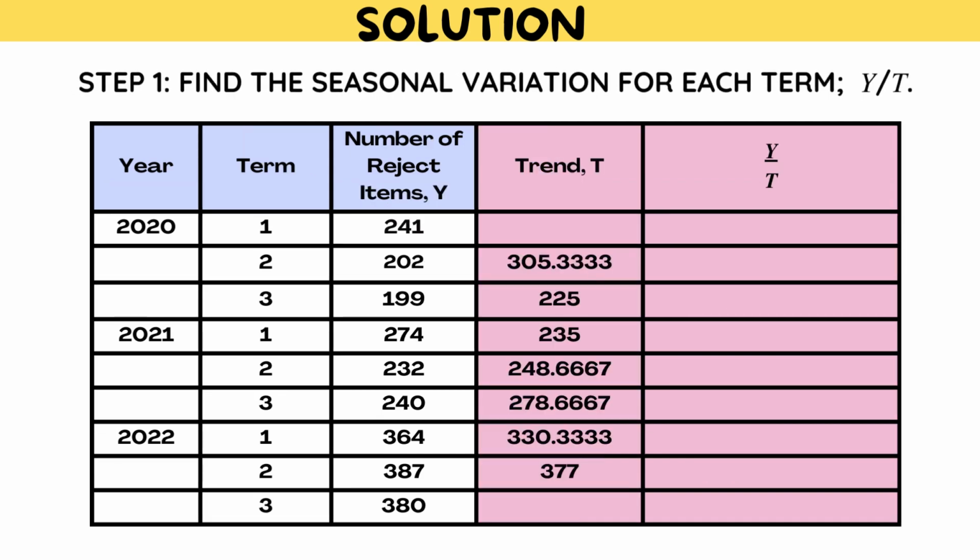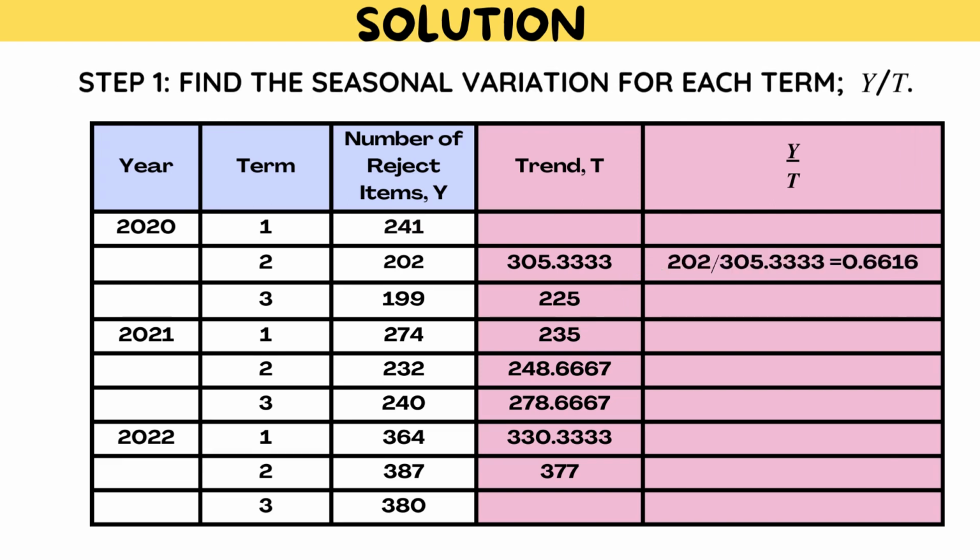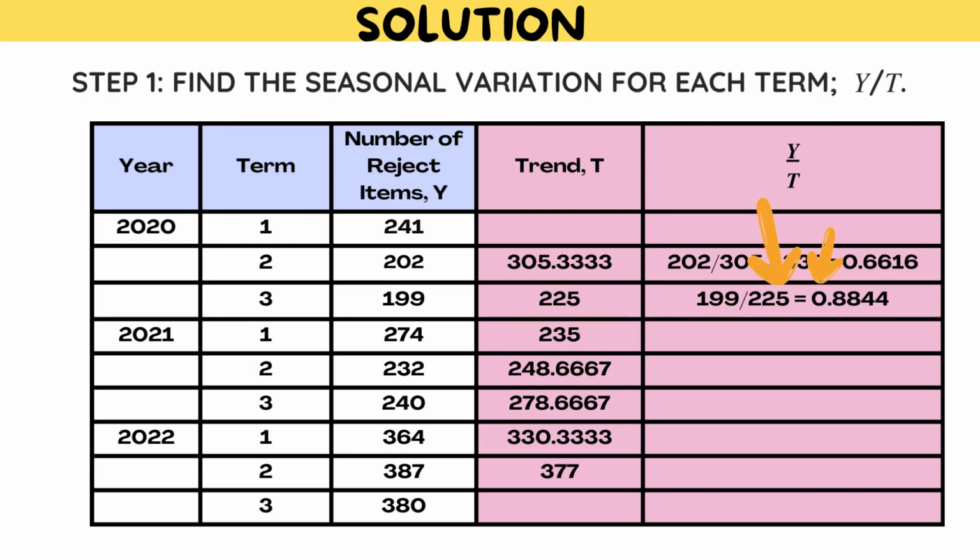Step 1. Find the seasonal variation for each term, Y over T. Our Y is the number of reject items while our T is the trend. The first line, Y over T, 202 divided by 305.3333, the answer is 0.6616.